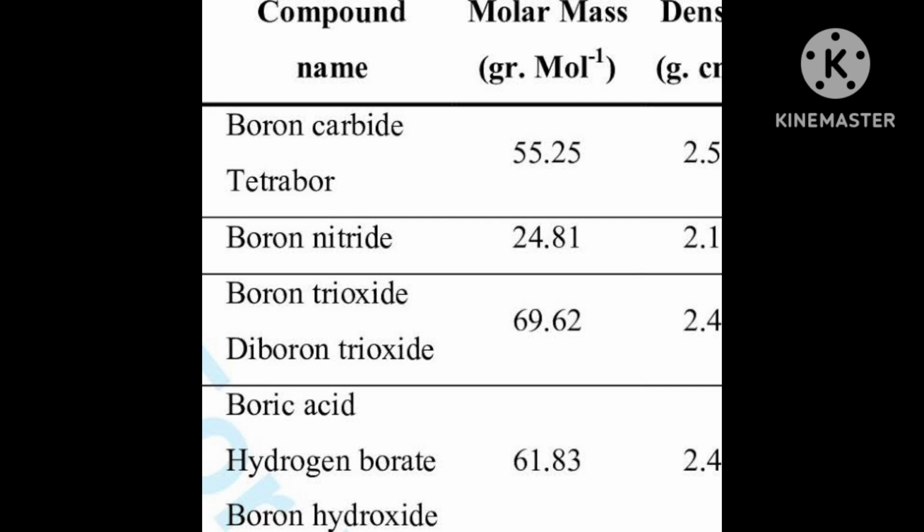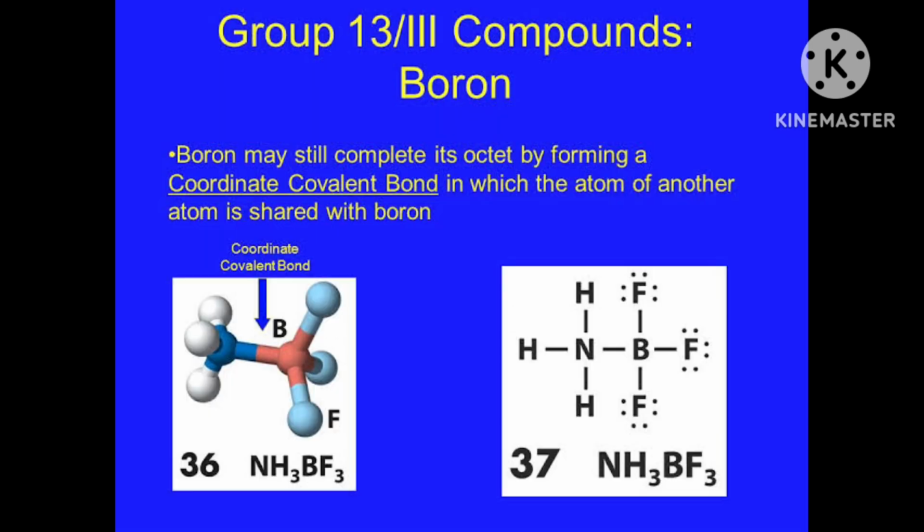B2H6 means BH3 dimerizes, BH3 again BH3, then B2H6. Its structure is very important. Now let us try to understand diborane.